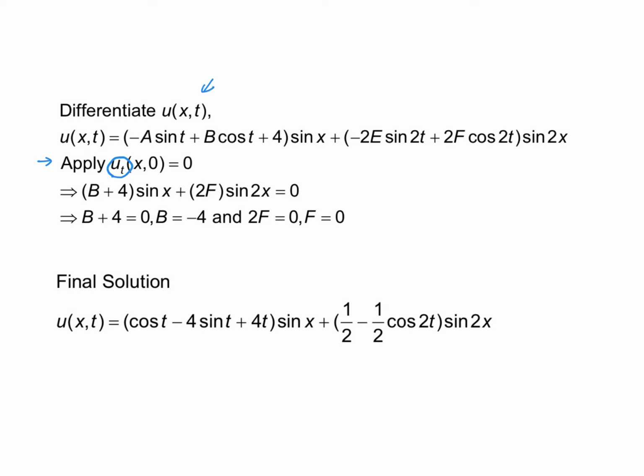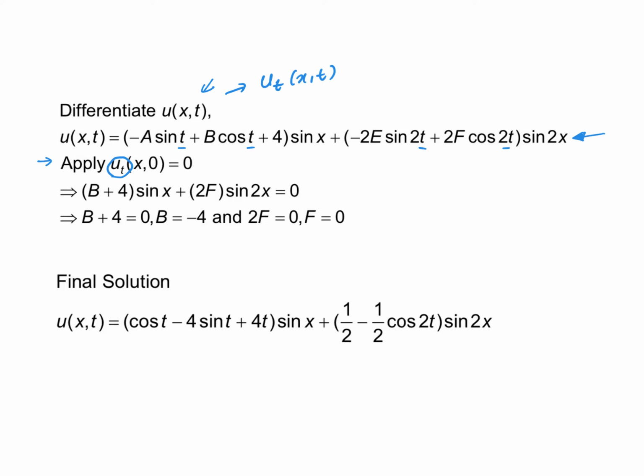So when we differentiate u(x,t) with respect to t, we will get this one. After we get the u_t(x,t), we can apply this by substituting t is equal to 0 in this equation.